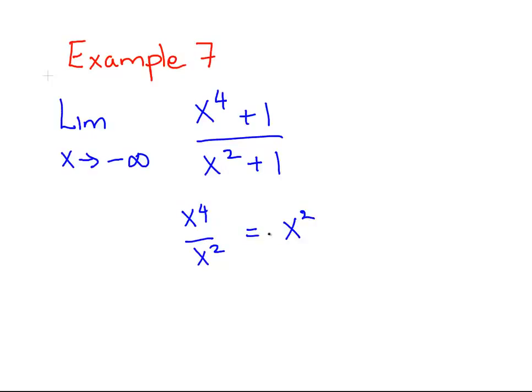Now, what happens with x as x gets larger and larger in the negative sense, so it becomes like minus a million, minus a billion, minus a trillion? What happens to x squared? Well, x squared is a positive number always.